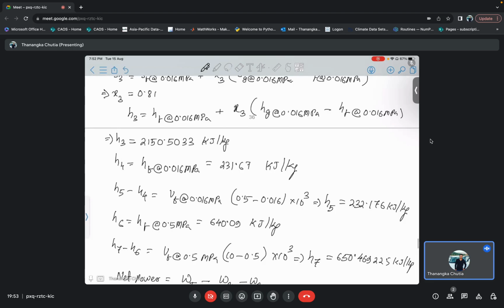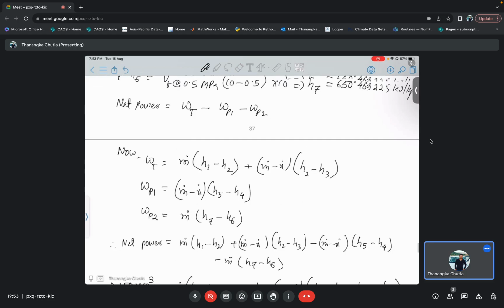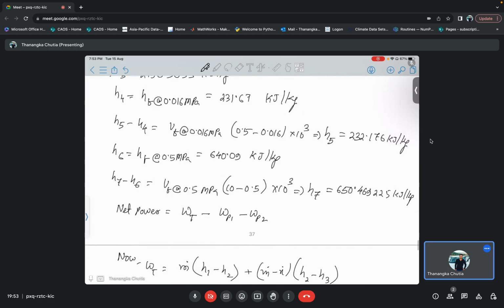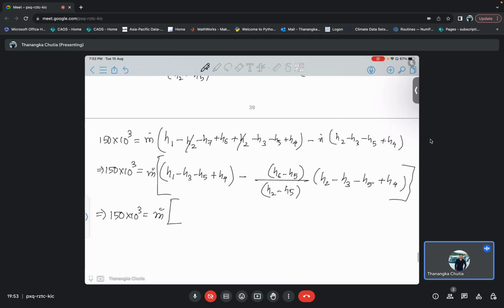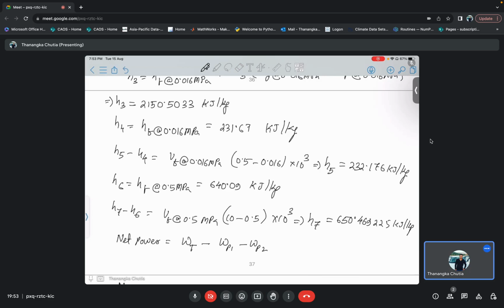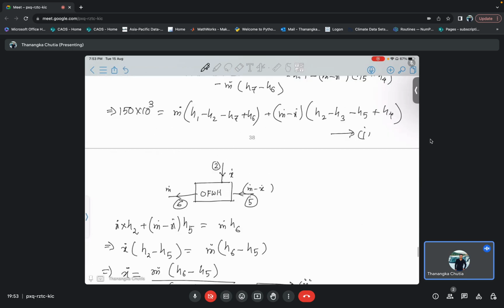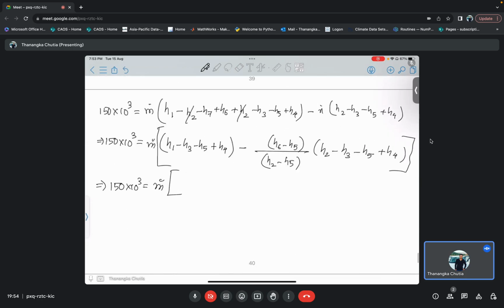H1 minus H3 minus H5 plus H4: H5 is 232.176, and H4 is 231.67. So it is 1224.0907.